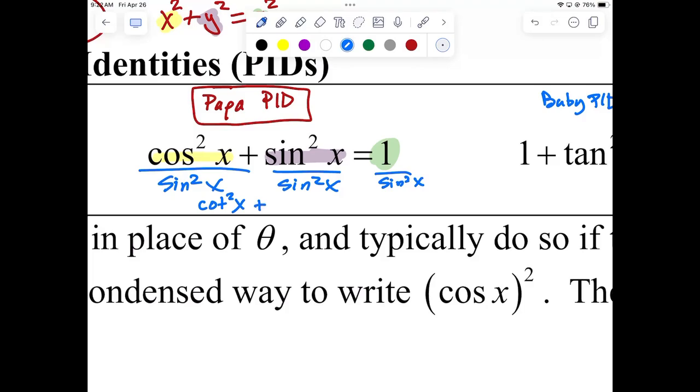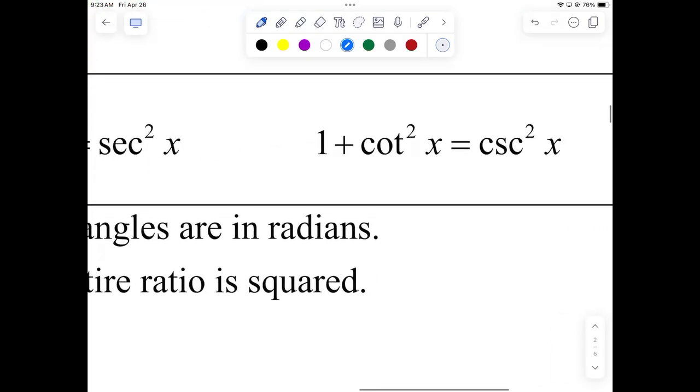Plus, what's sine squared over sine squared? That's easy. That's 1. And what's 1 over sine squared by the reciprocal identity? Cosecant squared. Good. Now, cotangent squared plus 1, that's the same as 1 plus cotangent squared, isn't it? So I put it in that form because it's easier to remember. Here's baby pid number 2.